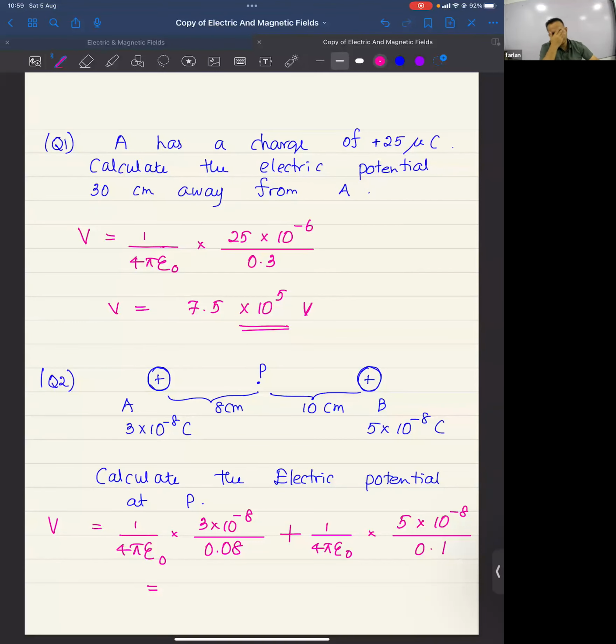There's no direction. Then it's positive and negative. Yeah. Subtract.